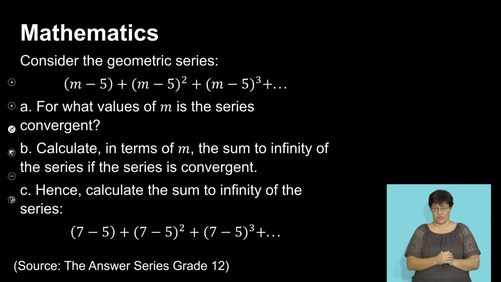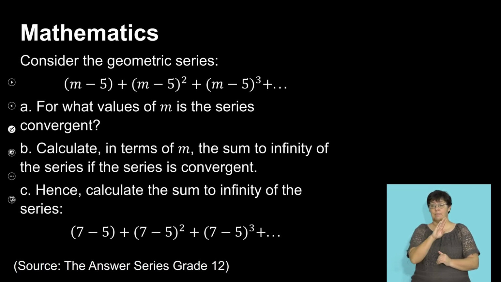So guys, we've been asked to consider the geometric series that goes m minus 5 plus (m minus 5) squared plus (m minus 5) cubed going on. A is asking me for what values of m is the series convergent.